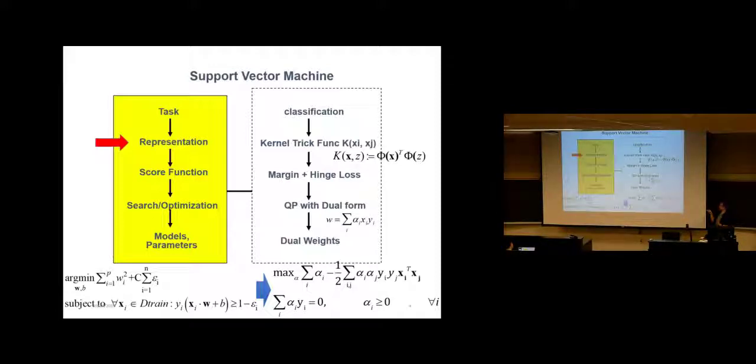For example, in this case, the kernel between sample X and sample Z is phi X, which we learned before, the basis expansion of the feature, inner product phi Z, the basis expansion of the point Z. This still sounds pretty hard and abstract, and we're going to introduce why this is. I see, there's a small mistake here.